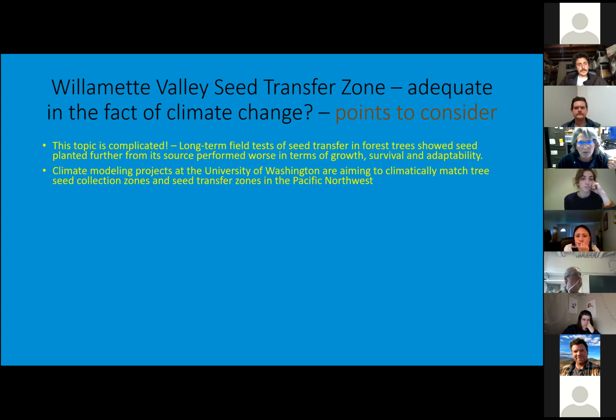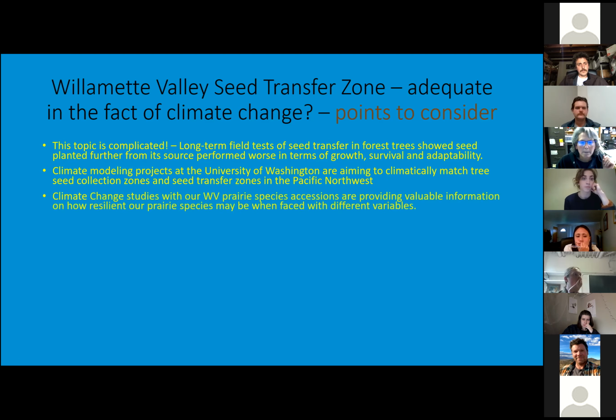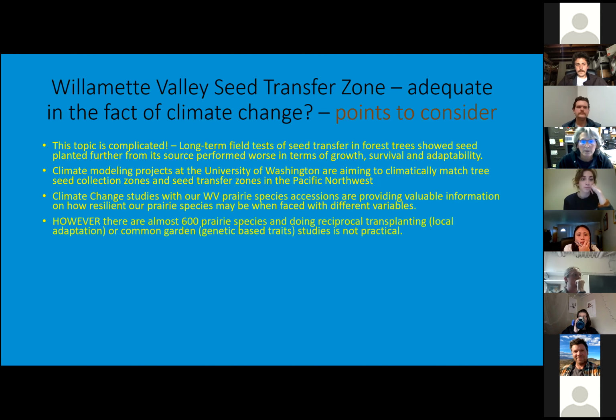Obviously, we just saw there's another one up at the University of Washington going on right now. But the Willamette Valley has a lot of species. And they are doing some modeling at University of Oregon, and I know at OSU on prairie species, doing modeling and actually doing outplanting studies to see how resilient our species are.